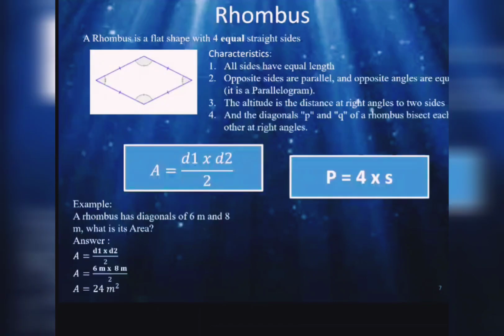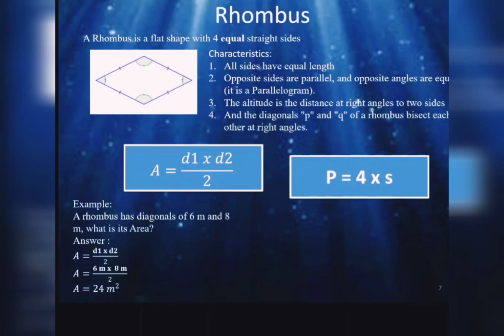And the fourth type is rhombus. A rhombus is a flat shape with 4 equal straight sides. The characteristics of a rhombus are: first, all sides are equal in length. Second, opposite sides are parallel and opposite angles are equal. It is a parallelogram.